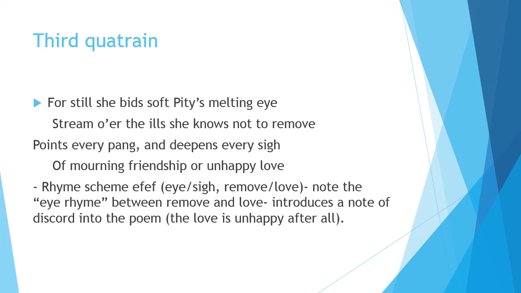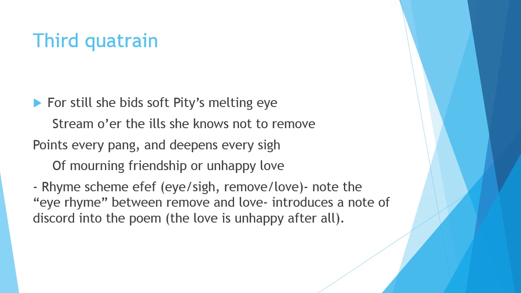The third quatrain continues the Shakespearean sonnet rhyme scheme with its EF, EF. But notice the rhymes here: "I" and "sigh" rhyme. "Remove" and "love" is an eye rhyme. They're words that look like they rhyme but don't actually. But that doesn't mean it's a bad poem or that Charlotte Smith has made a mistake.